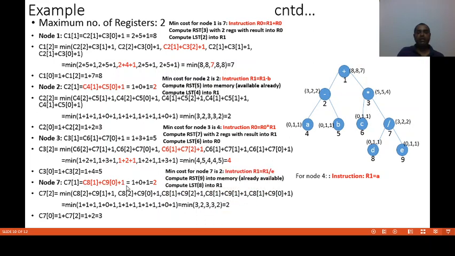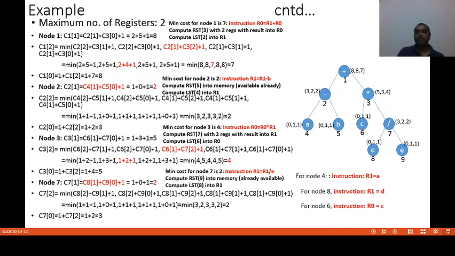So the instruction will be R1 equal to R1 divided by E. E is in memory. And compute right subtree 9 into memory. Compute left subtree 8 into R1. Now, for node 8, as I know that this is evaluated in R1, I have to write R1 equal to D.